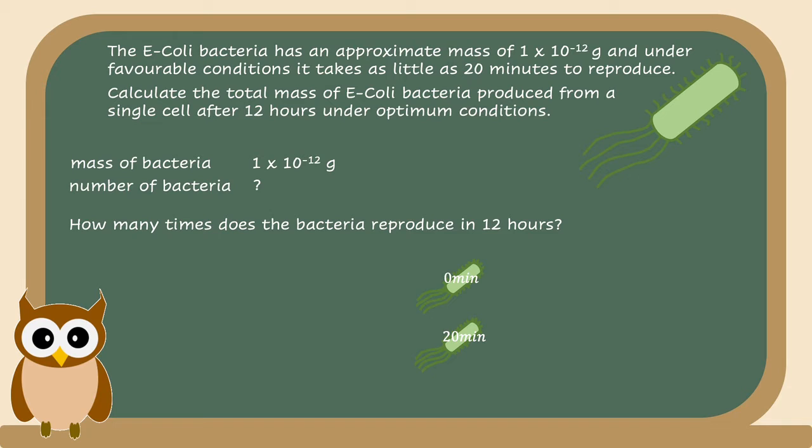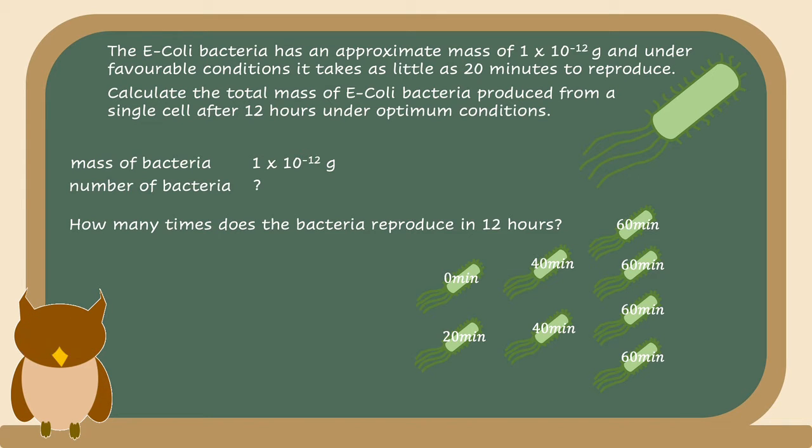And assuming optimum conditions, the bacteria reproduces every 20 minutes. So we would have 2 bacteria after 20 minutes. Another 20 minutes passes and we have 4 bacteria. And after 1 hour we have 8. So after 12 hours, how many will we have?